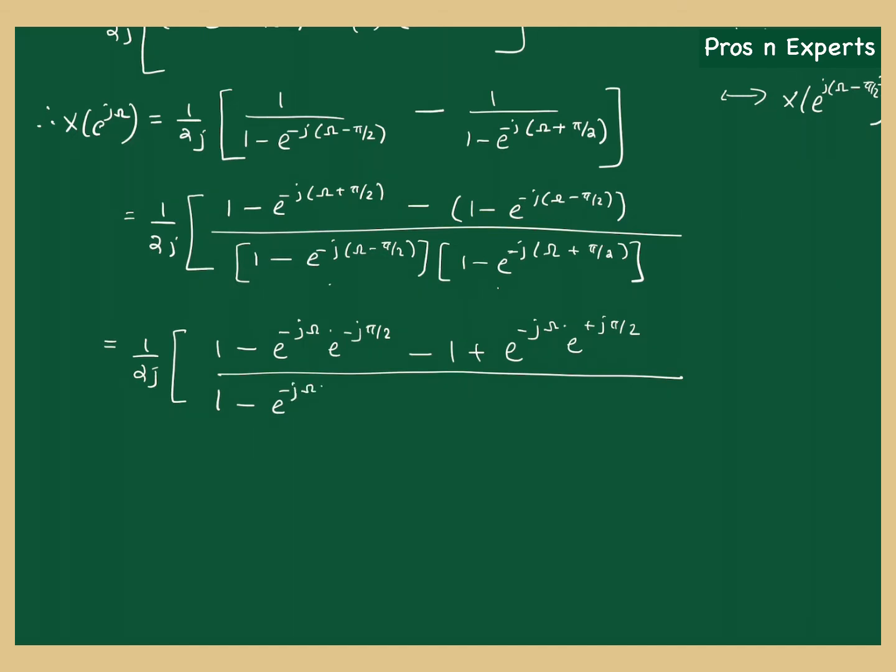Again I can split this exponential into e raised to minus j omega into e raised to plus j pi by 2, minus e raised to minus j omega into e raised to minus j pi by 2, plus e raised to minus j omega into e raised to plus j pi by 2 into e raised to minus j omega into e raised to minus j pi by 2.